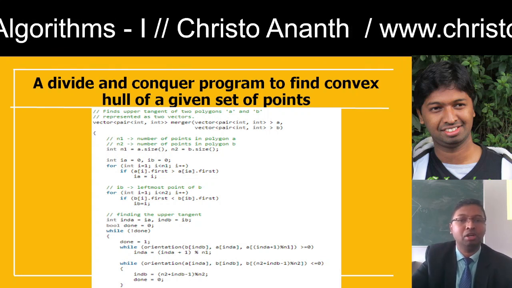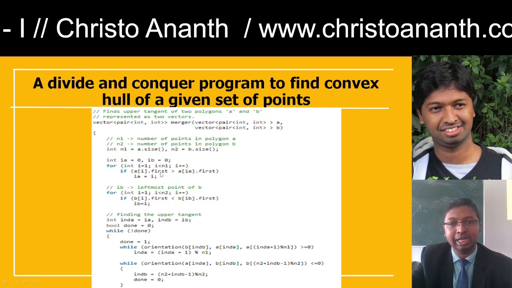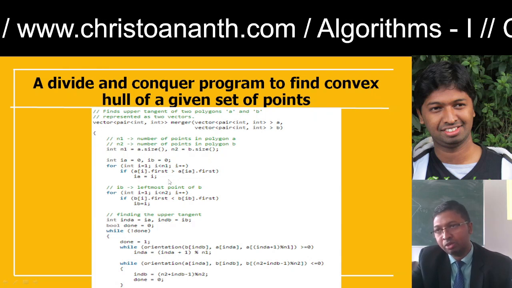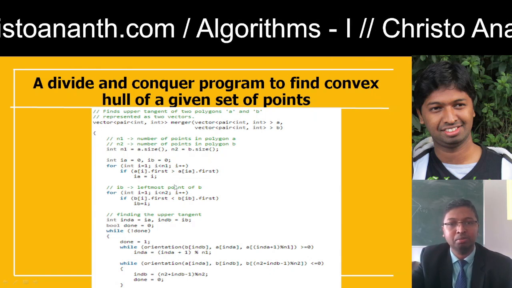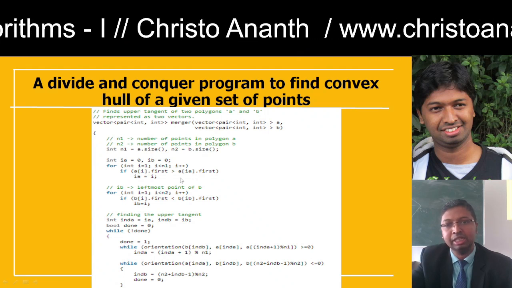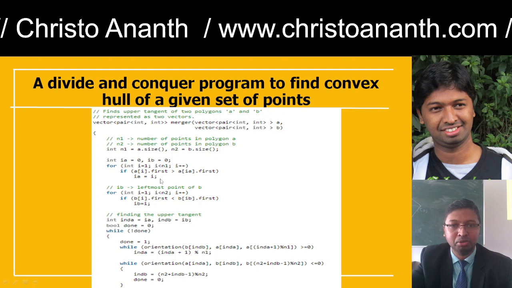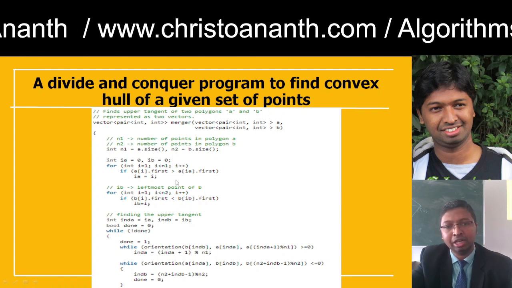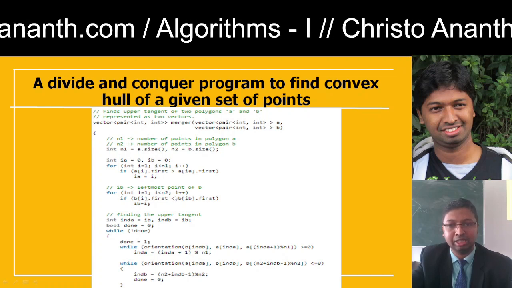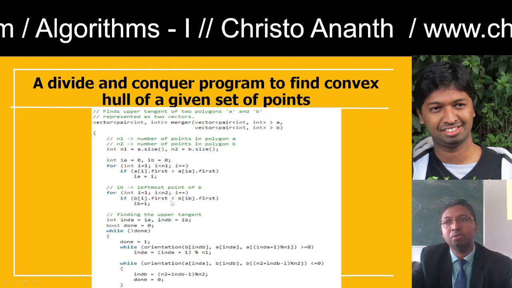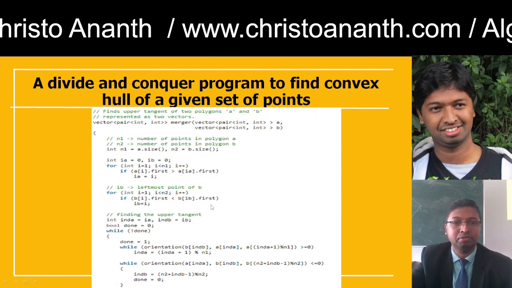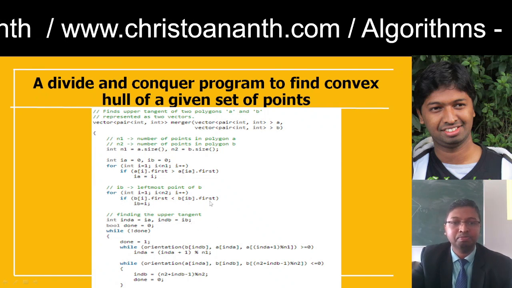Then you go with the for loop, int i equal to 1, i less than n1, i plus plus, to find whether it is lesser than the number of points in polygon A. If a[i].first is greater than a[ia].first, then ia equal to i, and you go with the leftmost point. For int i equal to 1, i less than n2, i plus plus, you go with the loop. If b[i].first is less than b[ib].first, then ib equal to i.